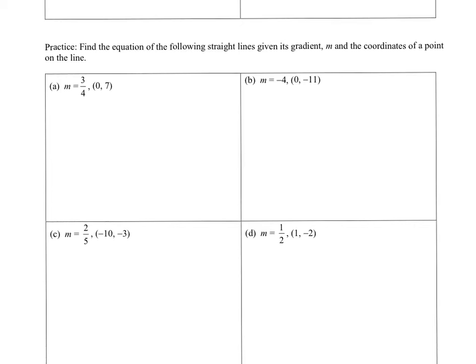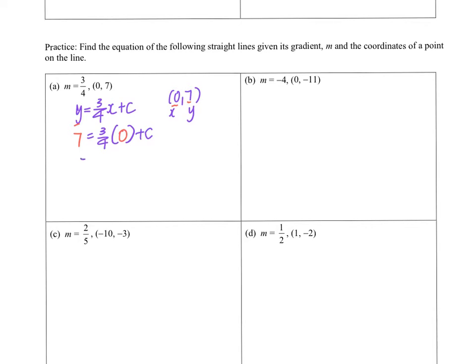Now, for example, I have y equals 3/4 x plus c at the point (0, 7). What do I do with it? x is equal to 0, y is equal to 7. So now the y value changes to the number 7, which equals 3/4 times the x value, now 0, plus c.